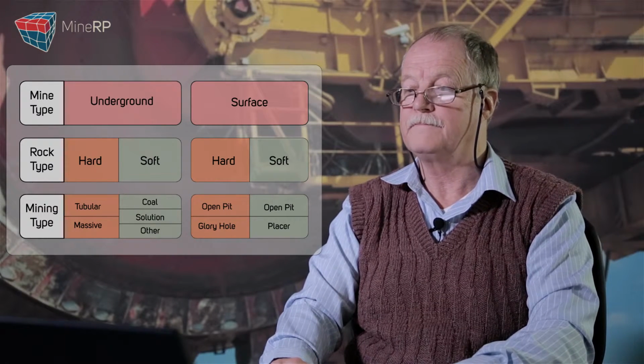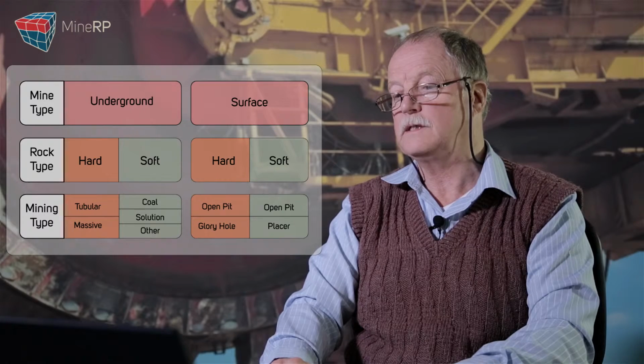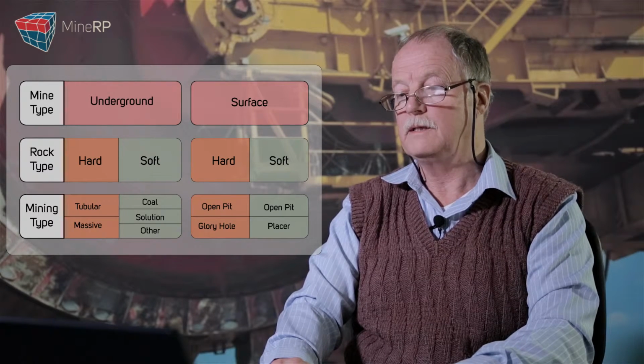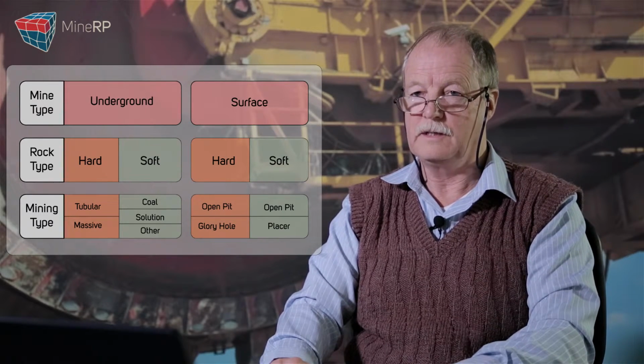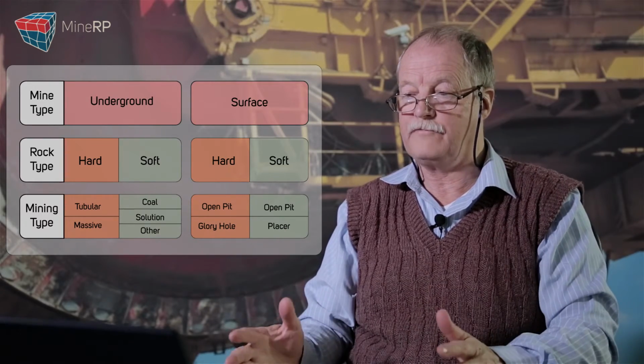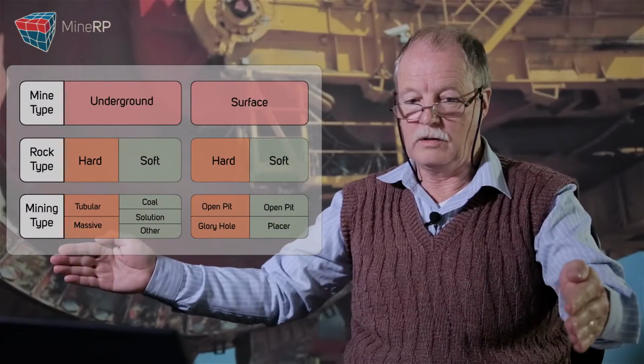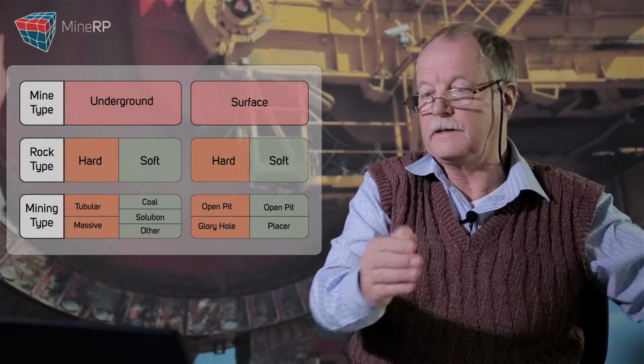If we look at the surface mines, the hard rock, we have open pit, but we also have open pit for soft rock. The difference is in an open pit mine for hard rock, the more I mine, the wider and deeper the hole gets. If I'm in soft rock, typically a coal seam or something, I make a hole and I move the hole across the countryside.